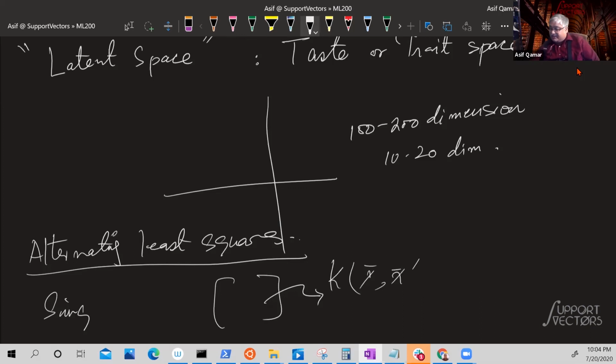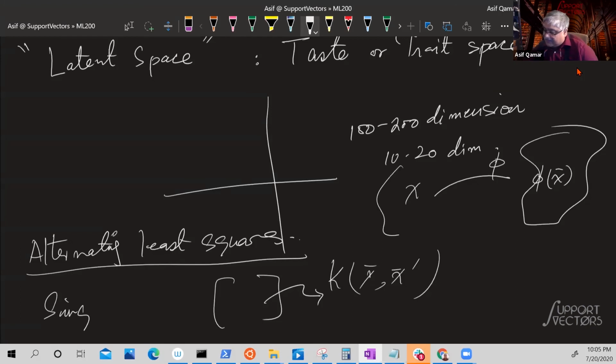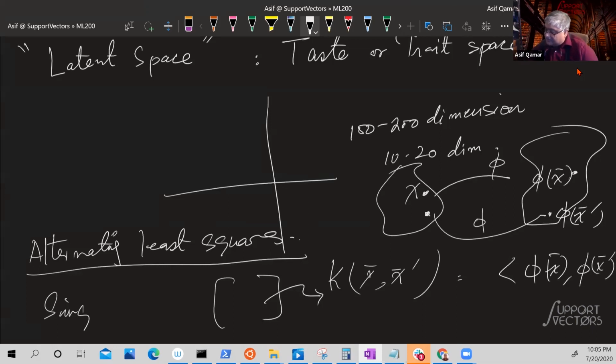So the kernel of this is actually the dot product: if x goes, by some function, to phi of x in some other space, and x prime goes, by the same function phi, to phi x prime, then the dot product in that space is the kernel.